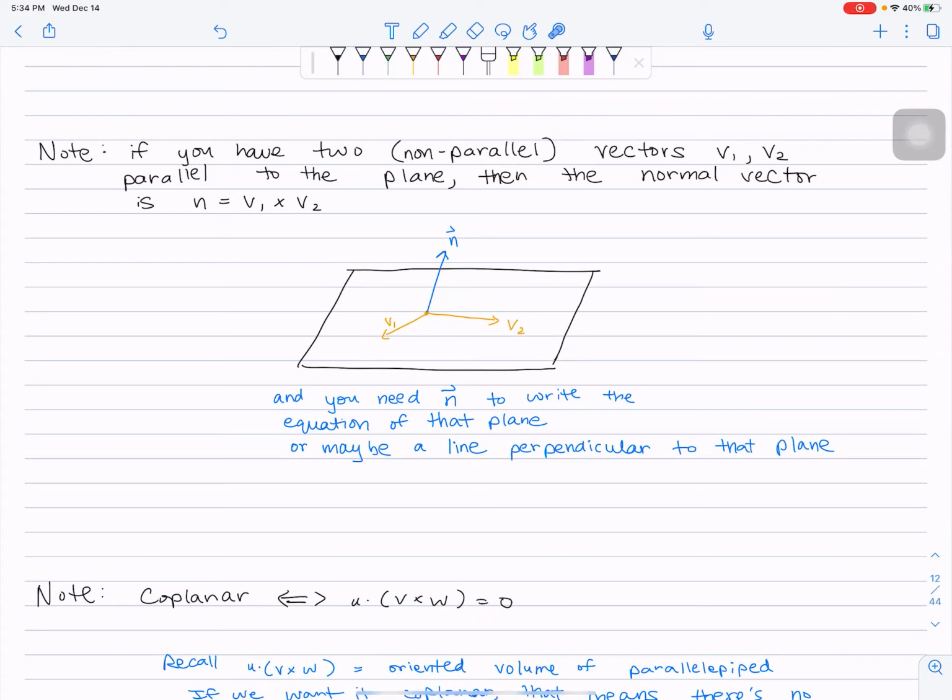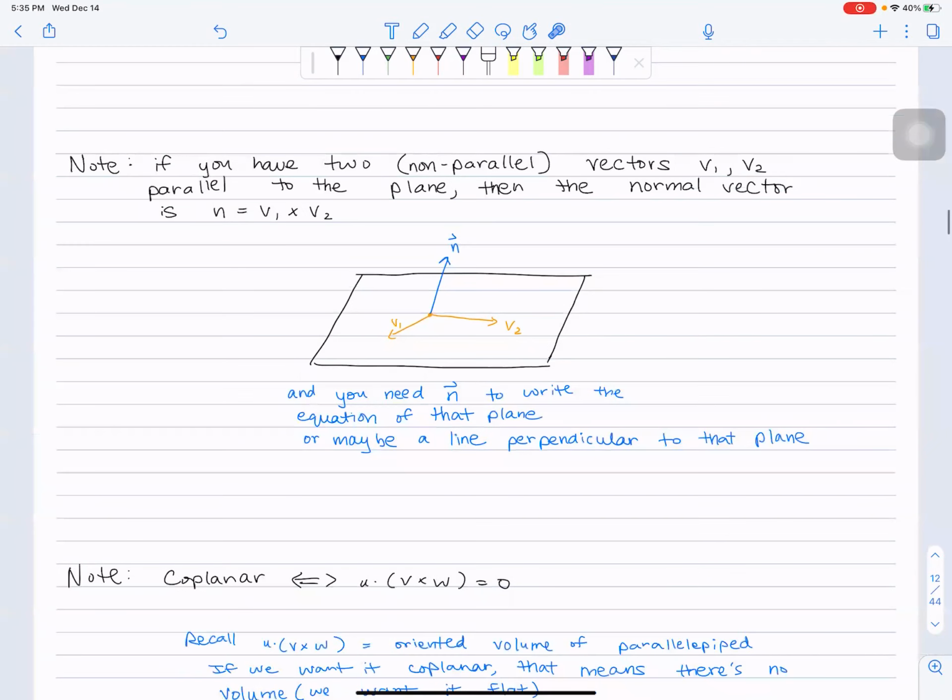Often I find those as the tangent vectors. If I take the cross product, I know from cross products that whatever the result is, it's going to be orthogonal to B1 and orthogonal to B2. And so that's exactly our normal vector. So if I find two non-parallel vectors on my plane and do the cross product, I have exactly my normal vector.